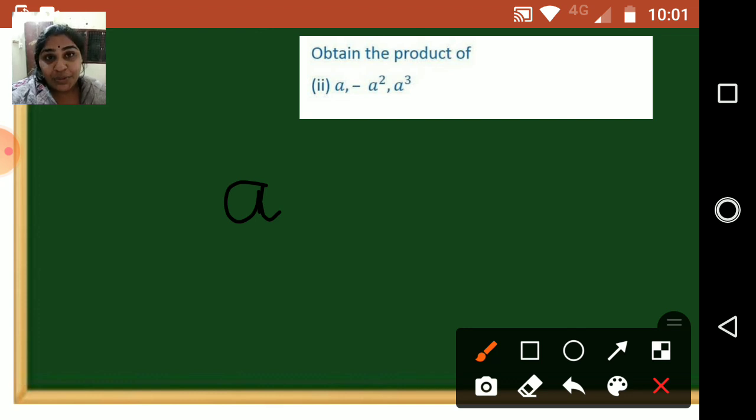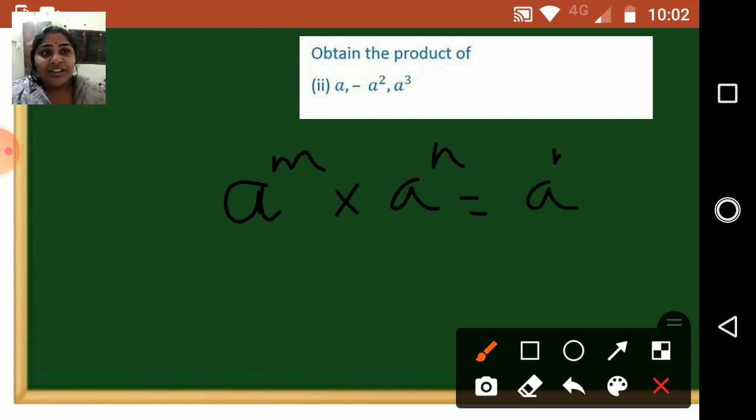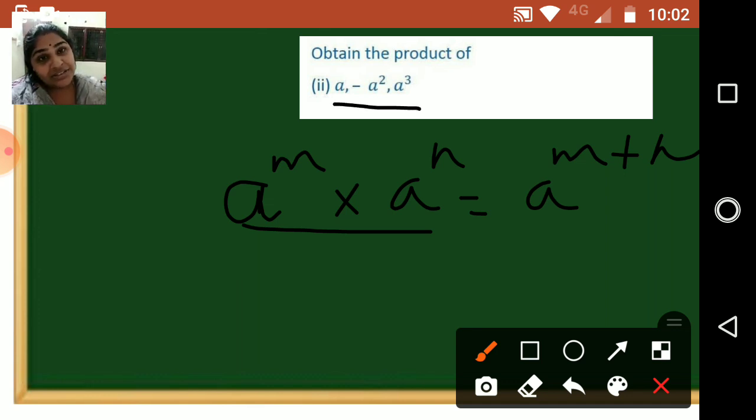That is a raised to m multiplied by a raised to n is equal to a raised to m plus n. Here only two terms were there before, but now 3 terms are there. Still the rule will be same, children.